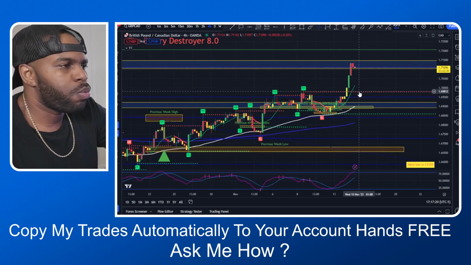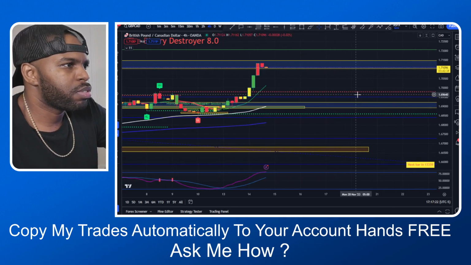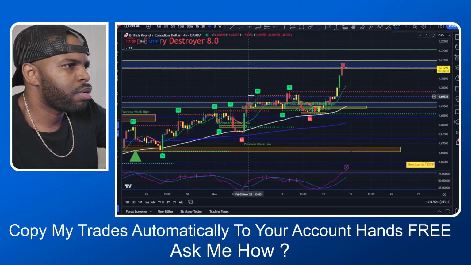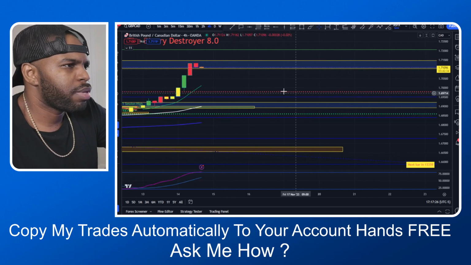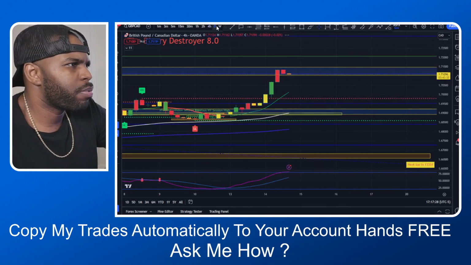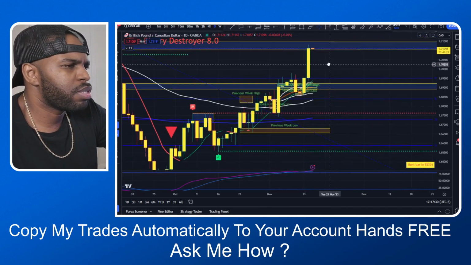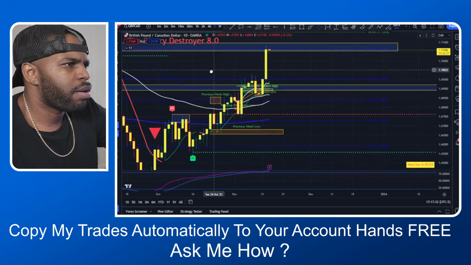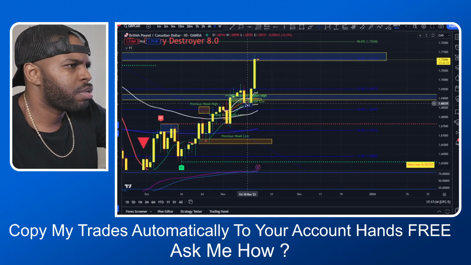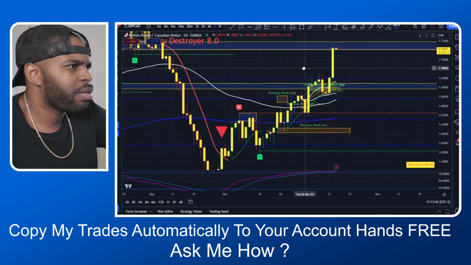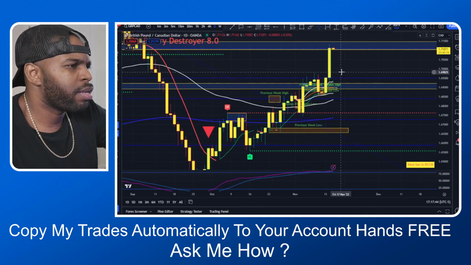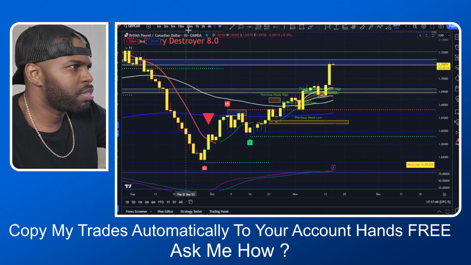Let's break it down to the 4 hour. This is the 4 hour. We'll go back to the daily real quick. I want to see if we are at our higher high. This down here would be our higher low right here. Higher low, higher high, so we are creating bullish movements.